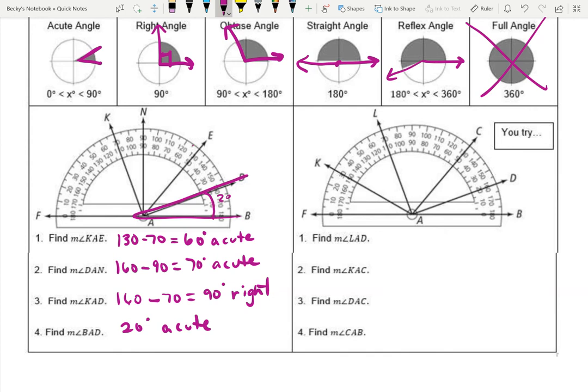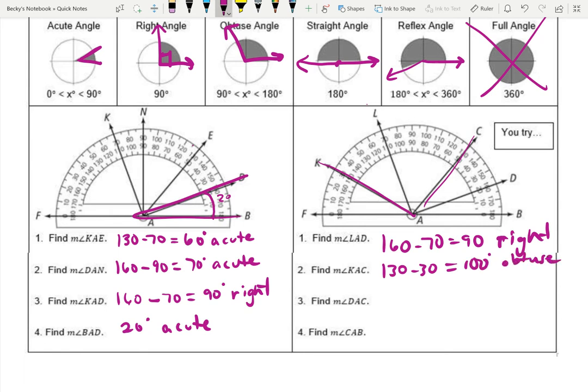Okay, so I'm going to go over these answers. LAD, 160 minus 70 is 90, and this is a right. So next one, KAC, 130 minus 30 is 100, and this is obtuse.